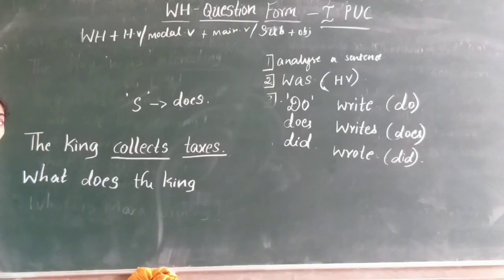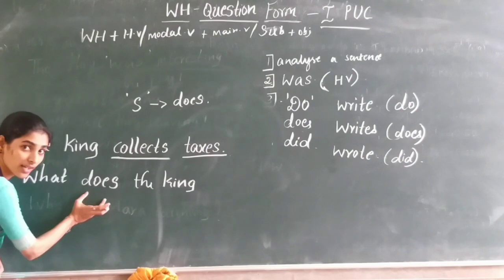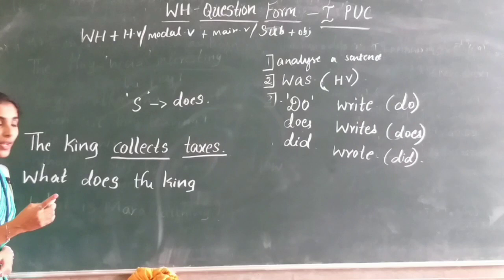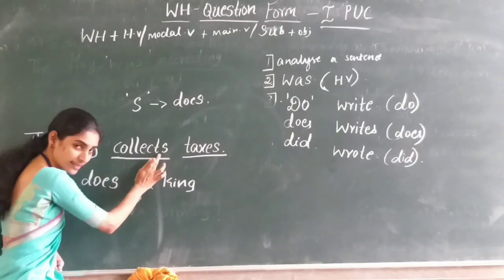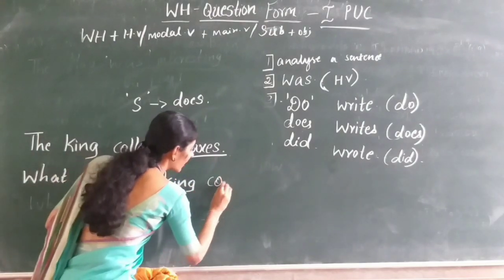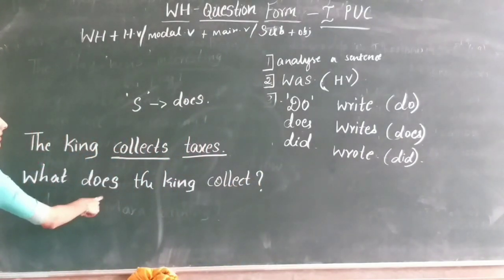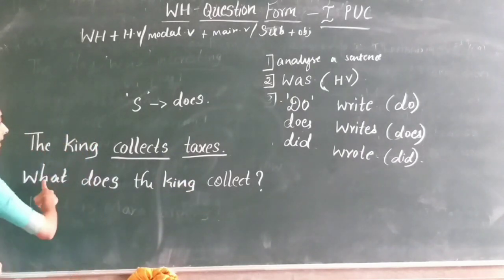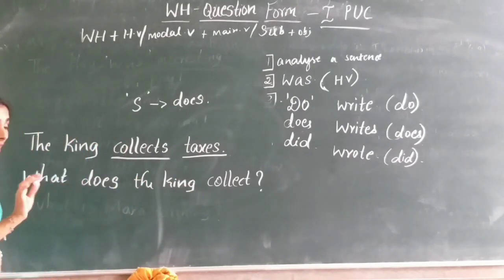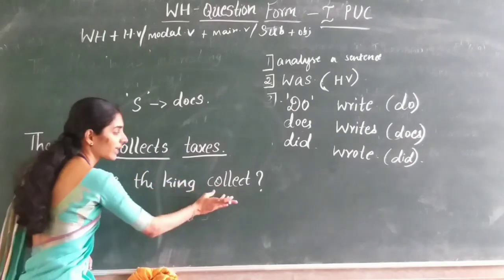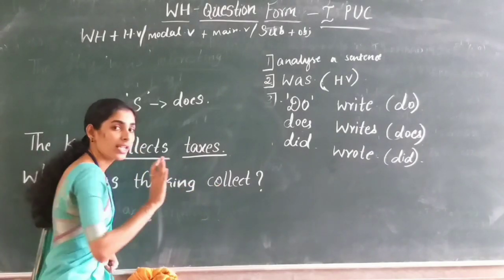Then there should be a verb. Remember, once you write does here, again you should not write collects. So you have to remove this s and just write collect. What does the king collect? The king collects taxes. I hope you understood this. Remember, once you write does, you should not again write collects here. It should be collect.